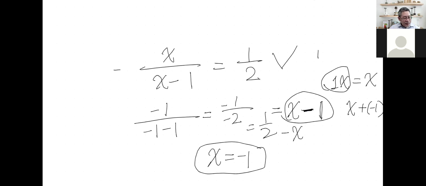Okay. All right. Try this one. (x plus 3) over (x minus 2) equals 3 over 5.